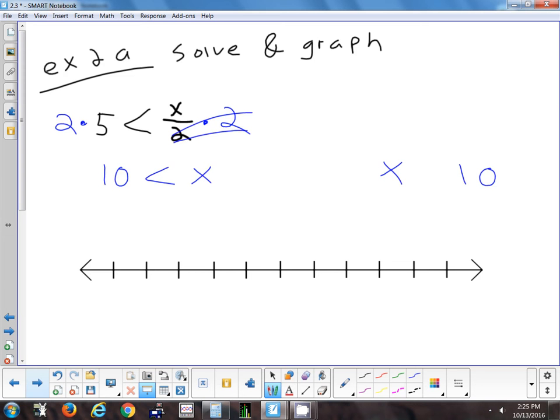Now, when you rewrite it, we have to flip the sign. The reason we're flipping it here has nothing to do with dividing or multiplying by a negative. It's just because we didn't like the way it was set up. We wanted to put the x and the 10 on different sides. Okay? Why does that help me when I want to draw it?